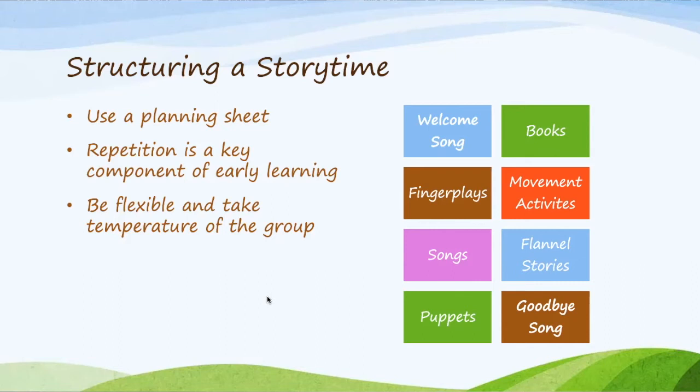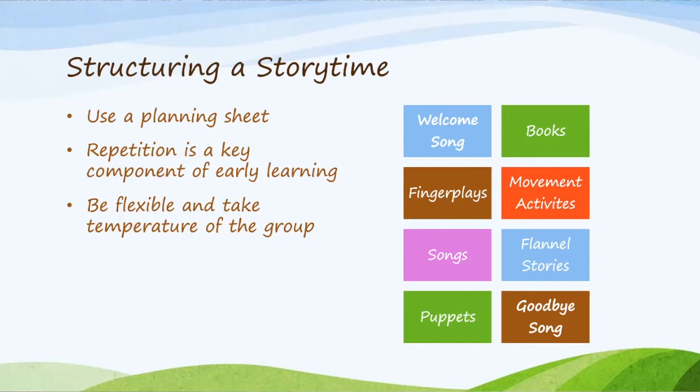I mentioned planning, and it is helpful to plan, but I also recommend being flexible and taking the temperature of the group. If you're doing story time and you feel that you're kind of losing the audience, kids are rolling around or not really being as engaged, maybe do a movement activity or do something like a lift the flap book or pop-up book, something to really engage.